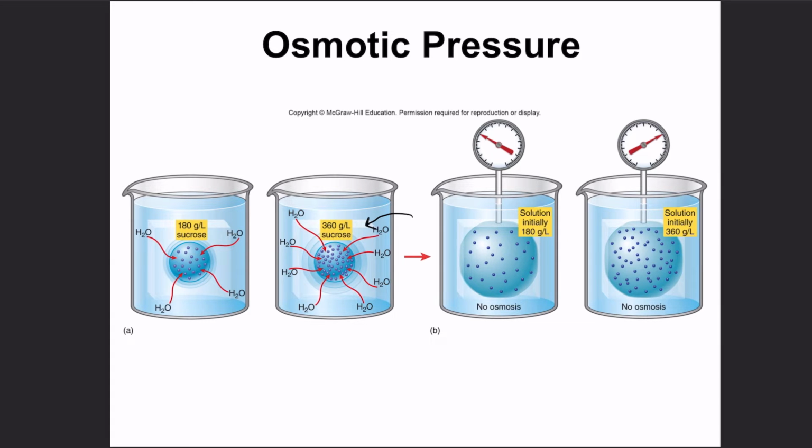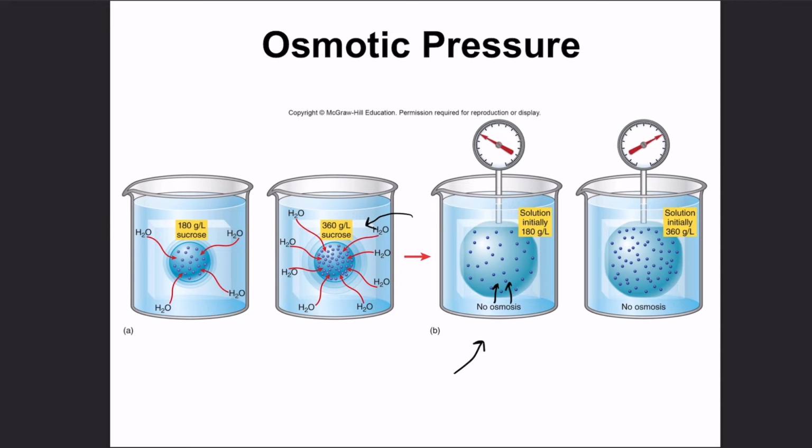And so on the right side here, the box can actually tell us the pressure that the osmosis is pushing against this box. And so this pressure is made by water wanting to come in because the solute concentration is still high.